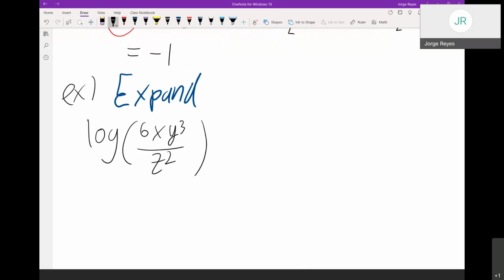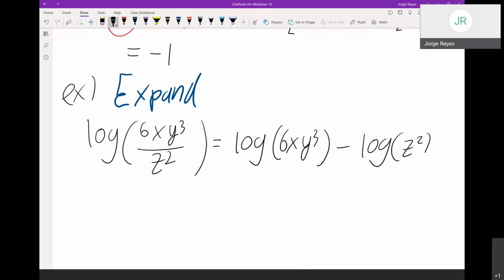So what I'm going to do first is I notice that I have some fraction happening, so I'm going to use the quotient rule first. And so I get the top minus the bottom. Quotient rule. Then I'm going to do the product rule.